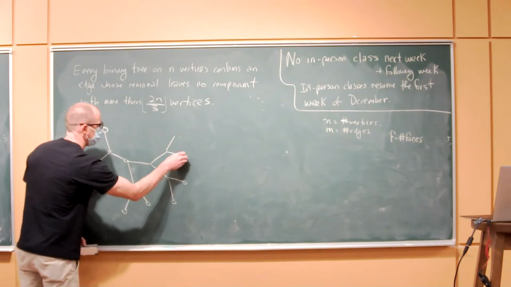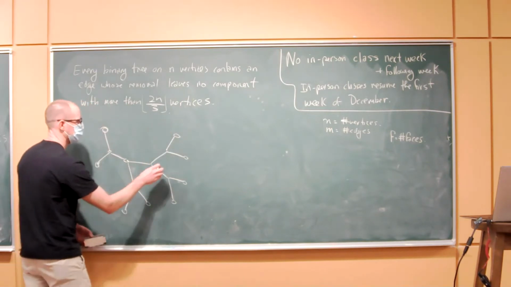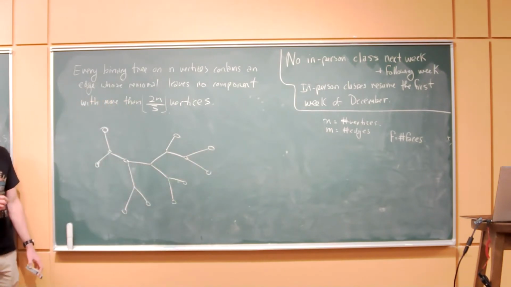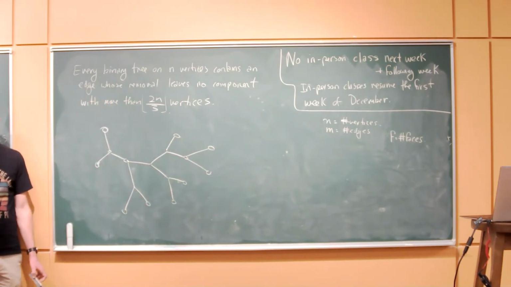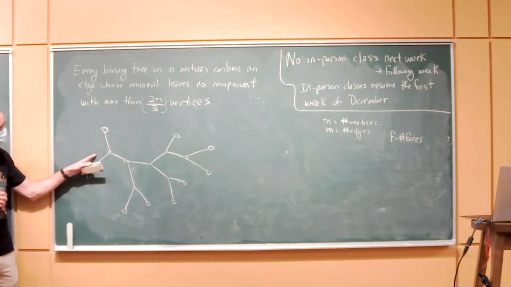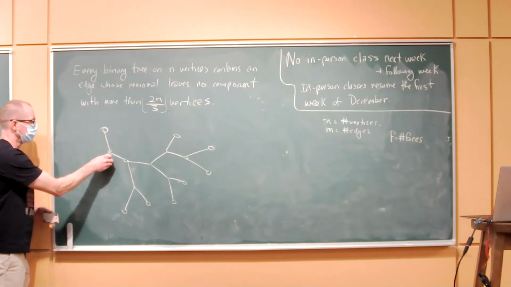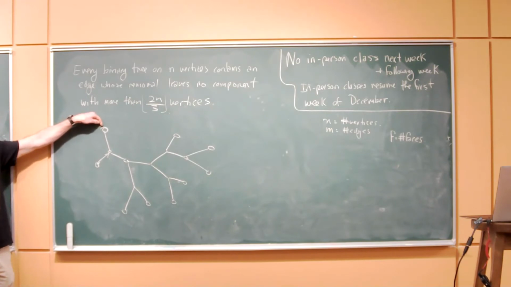So any idea how to prove, for example, that this binary tree has such a nice edge? Is this edge a good one? No. If there is a good one, it should be over on this side, right? What about this edge?